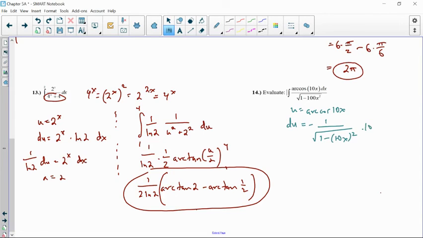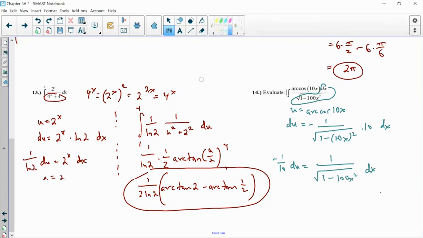So we don't quite have that. We're off by a negative 1/10, so we'll divide that over. So negative 1/10 du is equal to 1 over the square root of 1 minus 100x squared dx. So really, this whole thing becomes my du, and what's left, that whole quantity right here, arccosine, is my u.